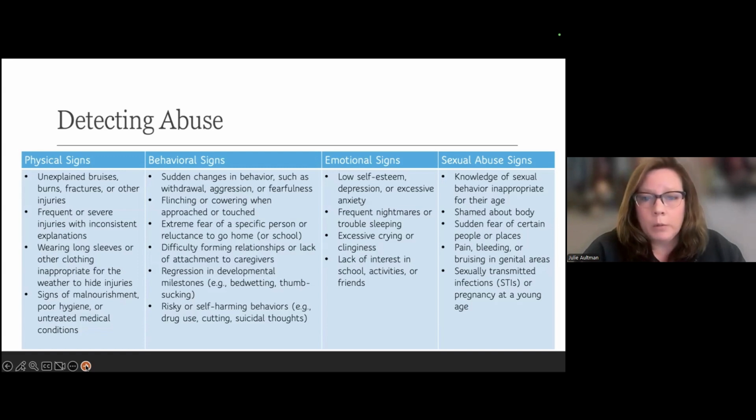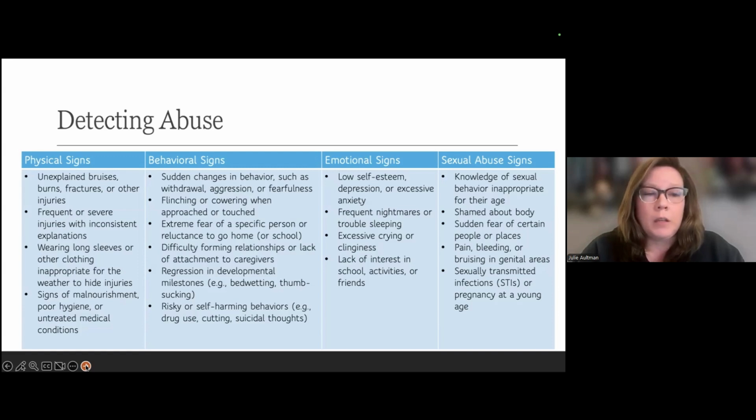I'm not going to read through all of these, but just call attention to certain ones that both Daniel and I have experienced. The physical signs, one that has come up particularly in the late adolescent teenage cases that I've seen: the wearing of long sleeves or other clothing inappropriate for the weather to hide injuries.